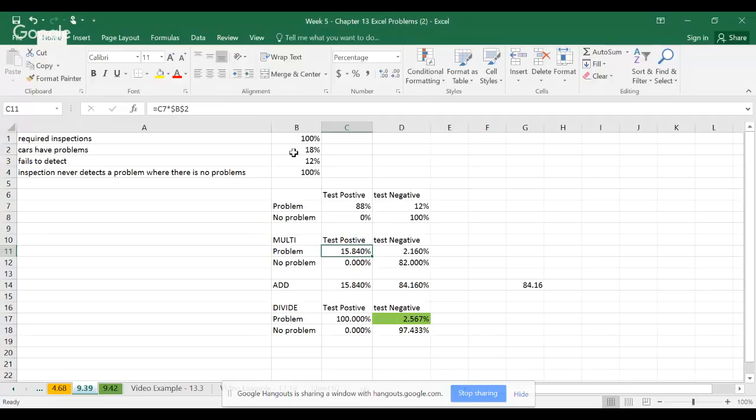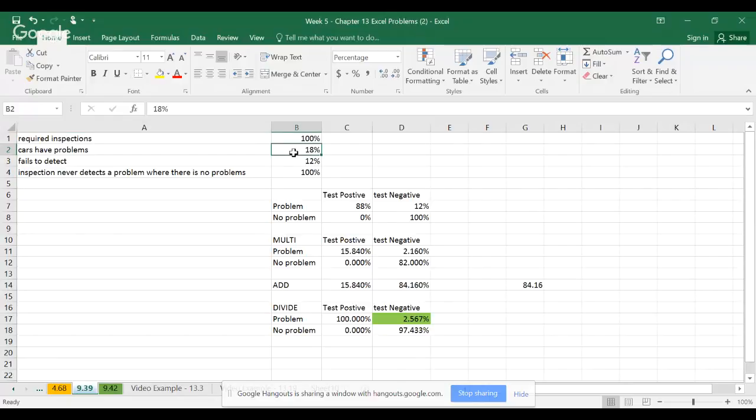So in the multiplication part, the no problem, the bottom line, the 0 and the 82, are those always looking at inverses, or does that depend on the problem? No, you would always use the actual population, the occurrence in the actual population. That's an easy inverse to figure out. You always look at what they gave you.